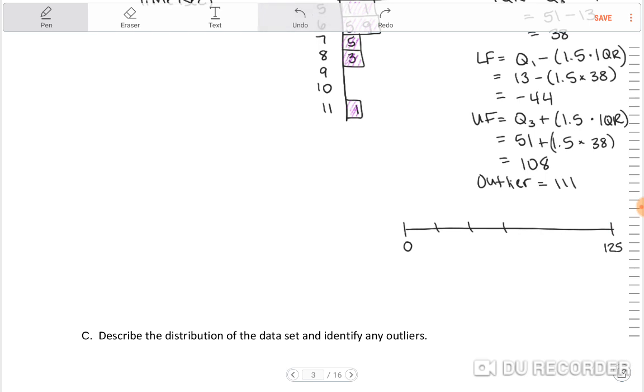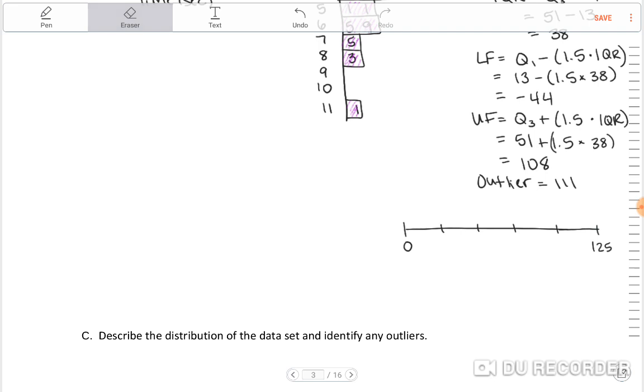Well, try that again. 25, 50, 75, 100. We'll move the 125 over just a little bit. About there, 125.